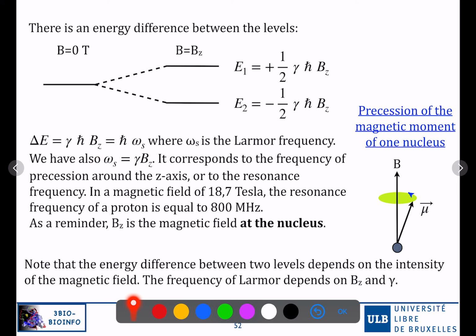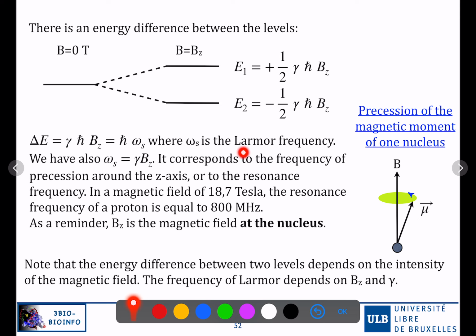And you can also show that it's also equal to h bar omega s, and omega s is a frequency. So if you analyze the dimension of omega s, you will see that it has the dimension of a frequency, and omega s is called the Larmor frequency. And so we also have the fact that omega s is equal to gamma Bz. So omega s depends on the intensity of the external magnetic field.